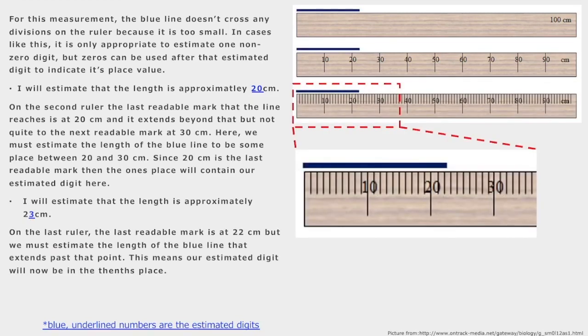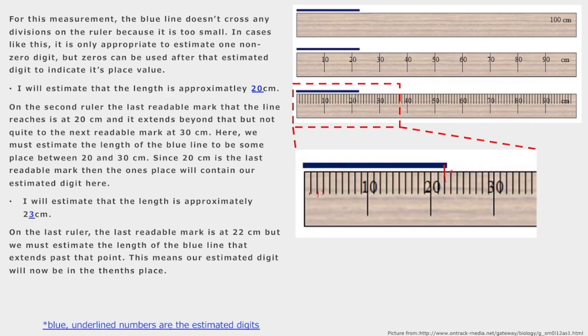All right, so now I have that same ruler, and I've added 10 divisions in between each of these larger divisions from the second ruler. So each one of these little tiny marks on this ruler represents 1 centimeter. Now when I look at this, I can clearly see that the line crosses at the 22 centimeter mark, and it still extends beyond that, but it doesn't quite reach 23 centimeters.